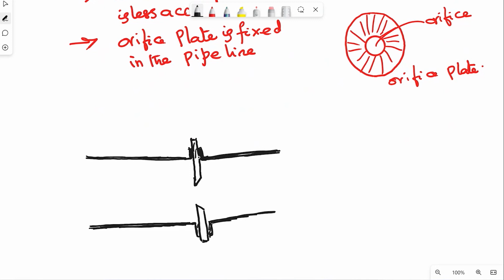So this central one is the orifice meter. Now, if I take it, this is the pipe. We have fixed the orifice plate at the center like this.